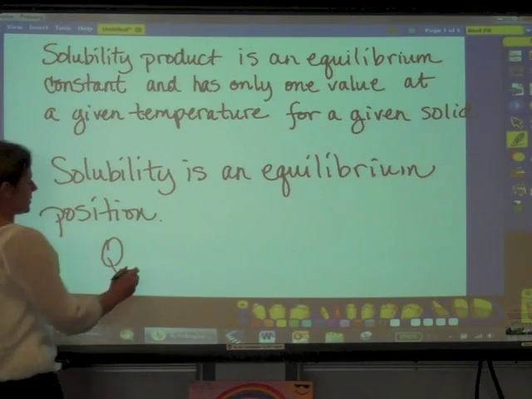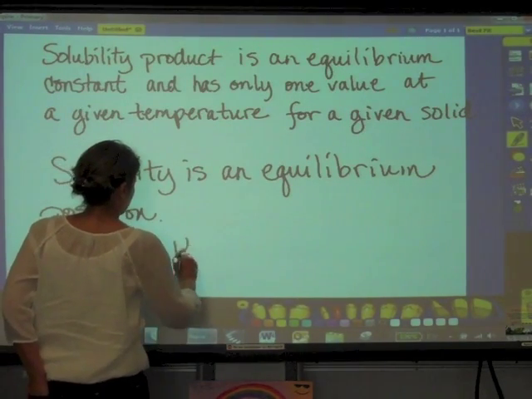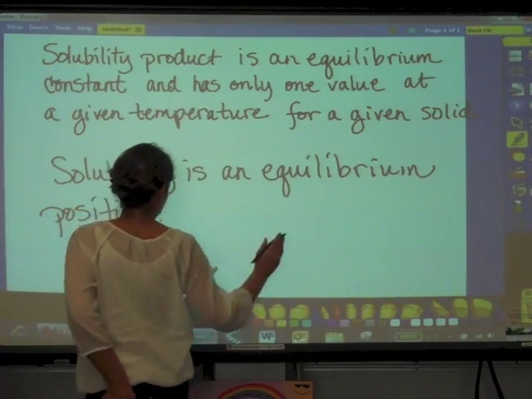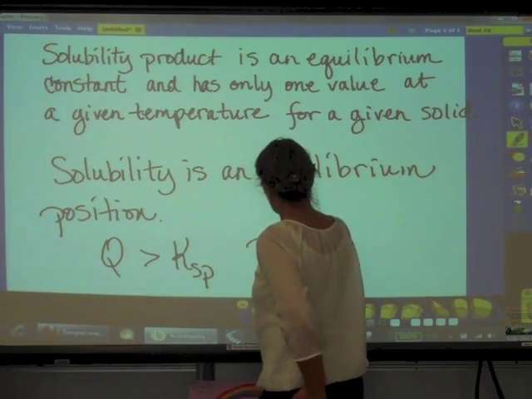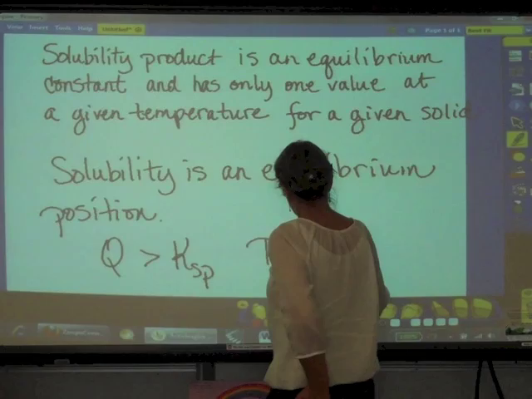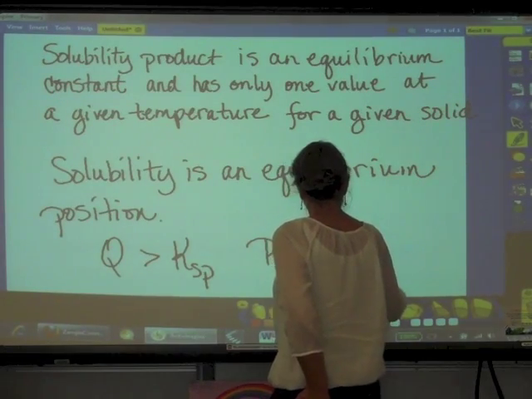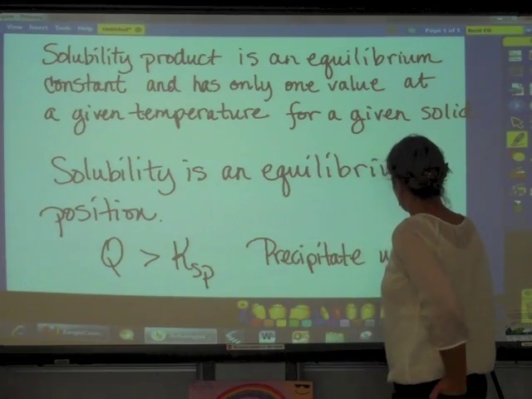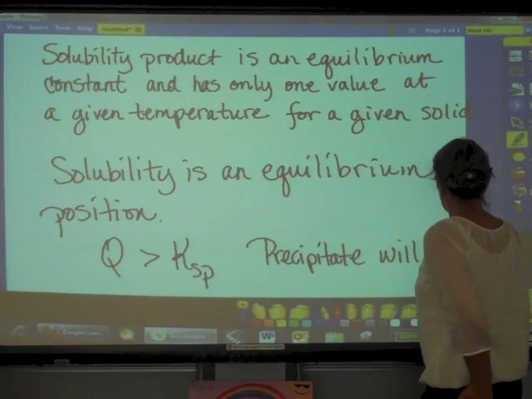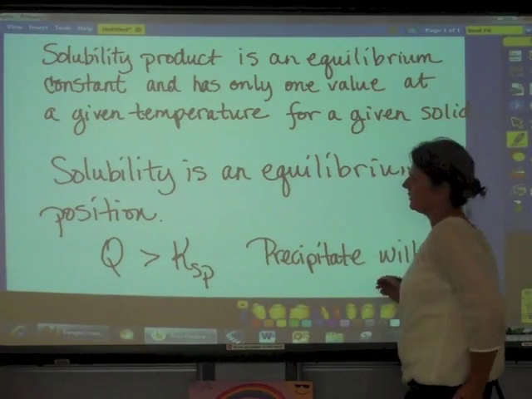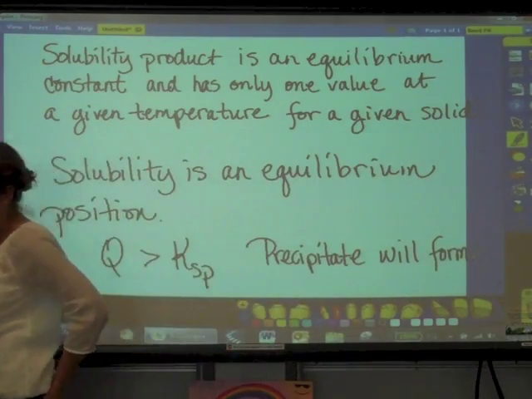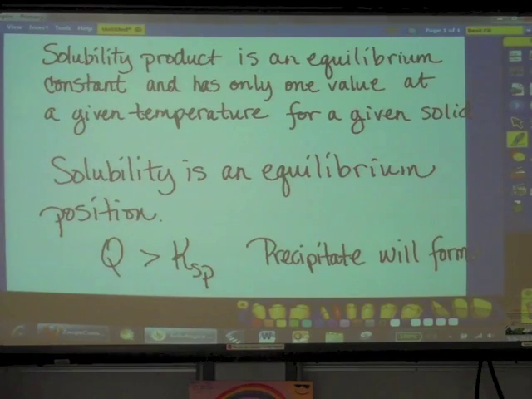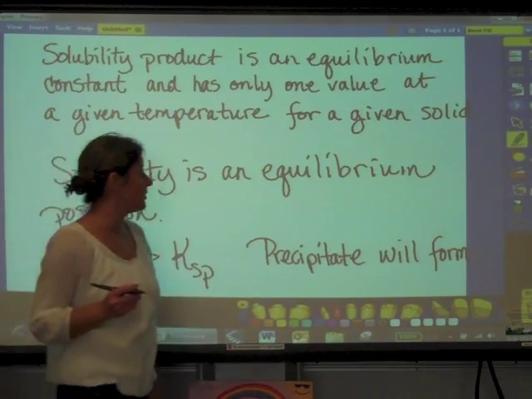If Q is greater than the Ksp, precipitate will form, or in other words, the thing is going to be insoluble. All right, let's do a problem and see how this thing goes. They're actually pretty easy as equilibrium problems go.